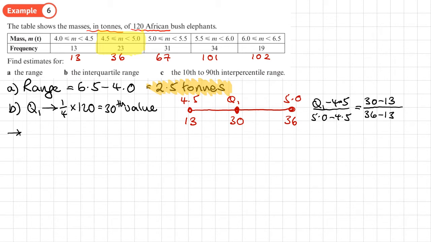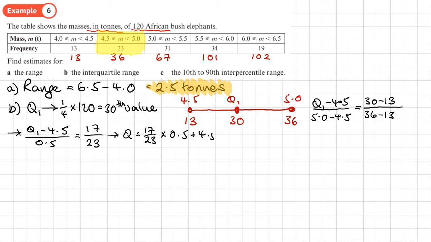So that will give me Q1 minus 4.5 over 0.5 equals 30 minus 13, which is 17, over 36 minus 13, which is 23. So Q1 will equal 17 over 23 times 0.5 plus 4.5.